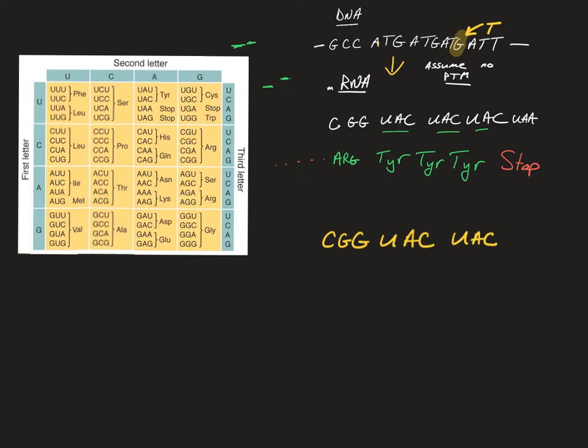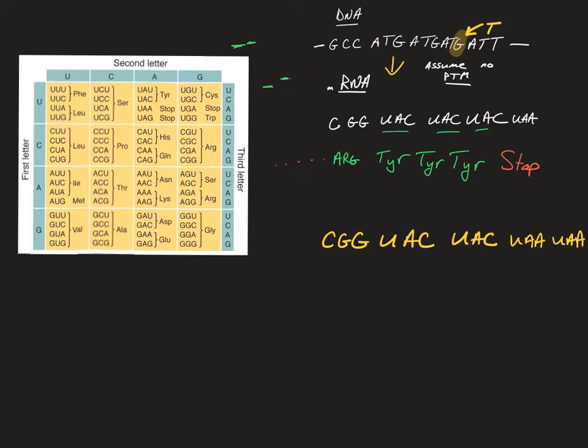What is it? It's UAC, UAC, but then what? UAA. And the last one's UAA. But yeah, you stopped it early. You truncated the protein. You made the protein shorter.